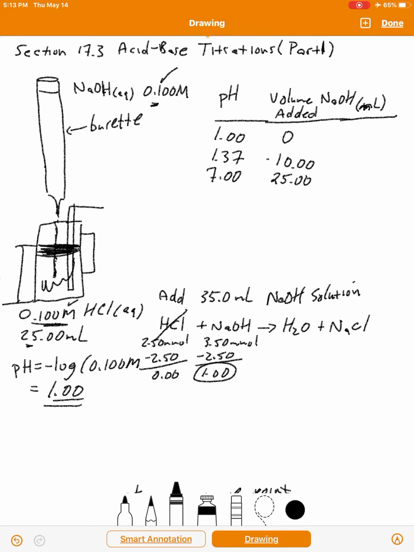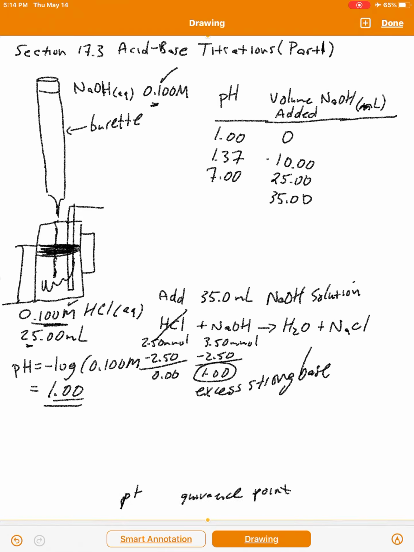Now we have excess strong base. Okay? So this is 35 ml. So we know it's going to be basic. That's one important point to make. It will be a basic solution because we have excess strong base after the reaction is complete.